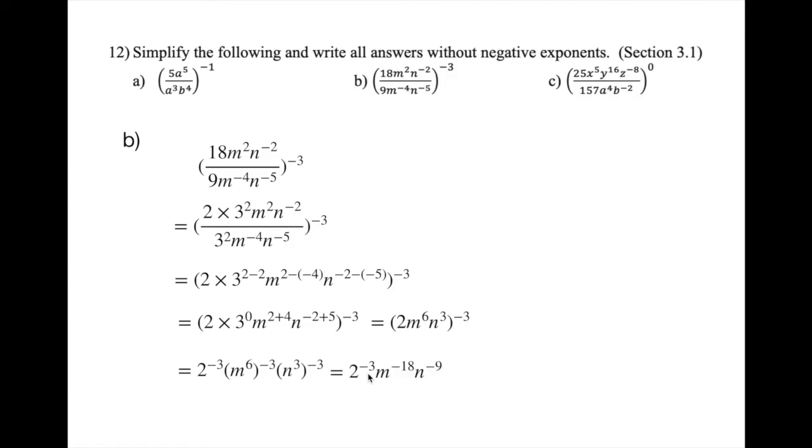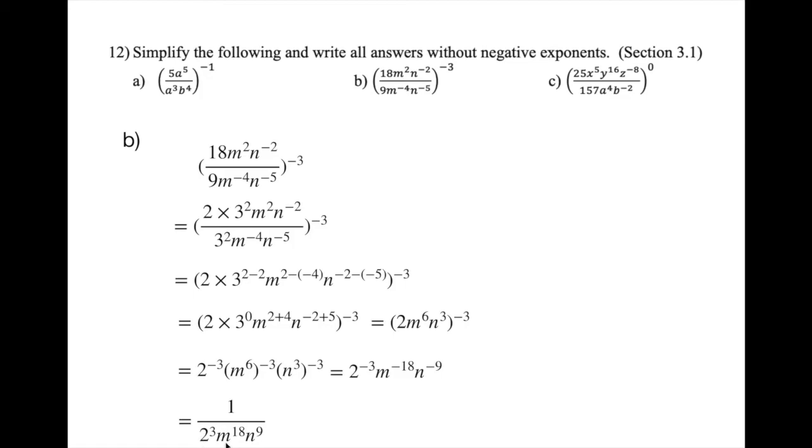Then we don't really like negative powers. So what we do is we want to change it to a positive power by making the whole term the reciprocal. So for the 2, it has a negative 3 power, so it's going down here and changes to the positive power.